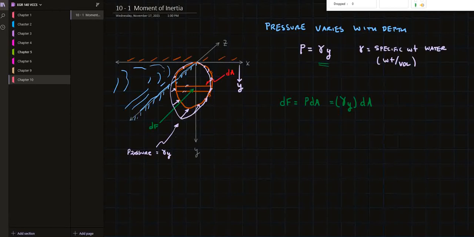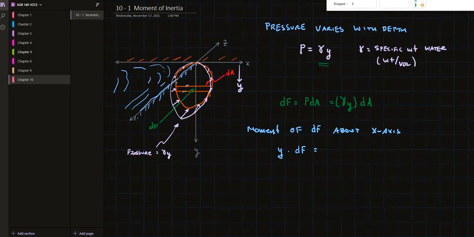Okay, well, the moment of this differential force about the x-axis can be calculated simply as the distance y times dF.